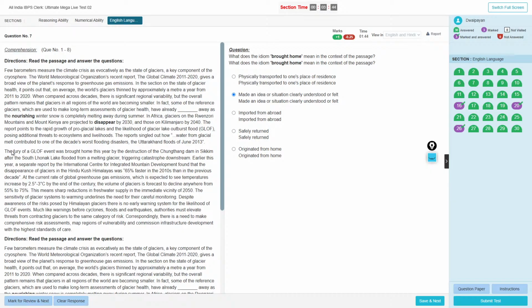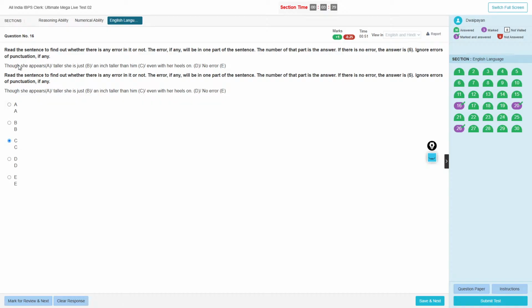Okay, the fury of GLOF events was brought home this year by the destruction. Yeah, felt. So this is all right. Now this one: though she appears taller, she's just an inch taller than he is, not him.